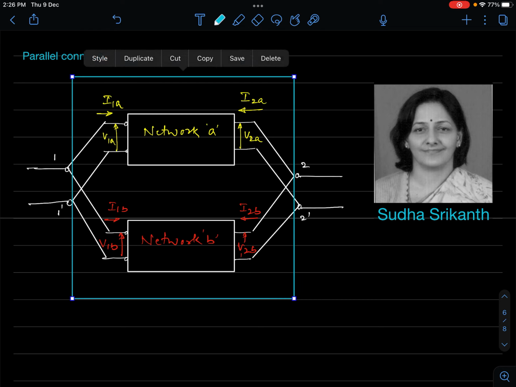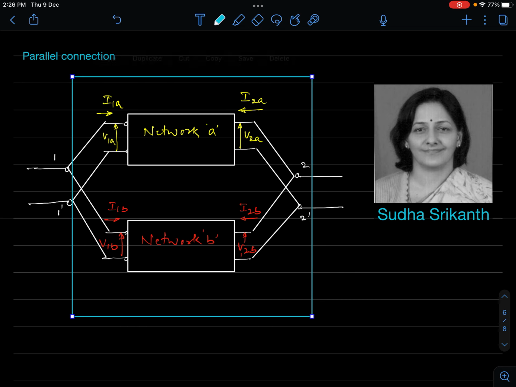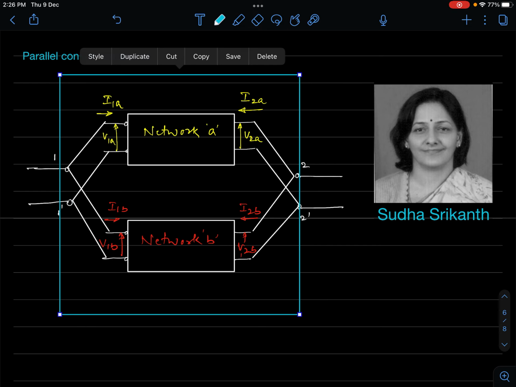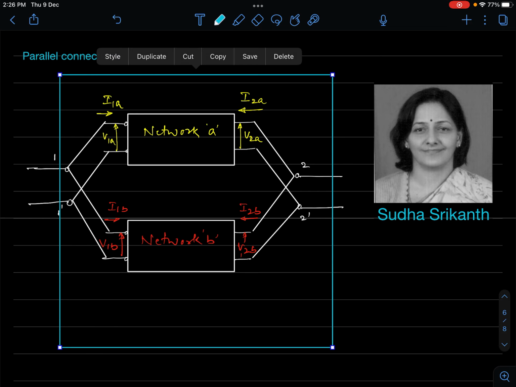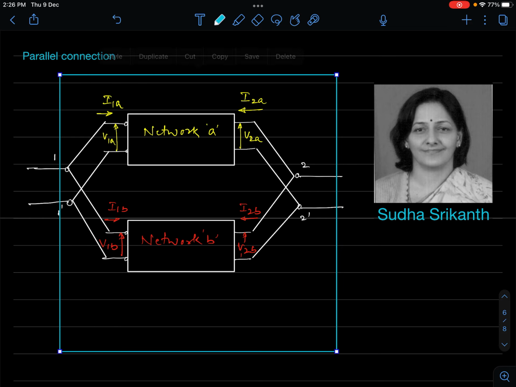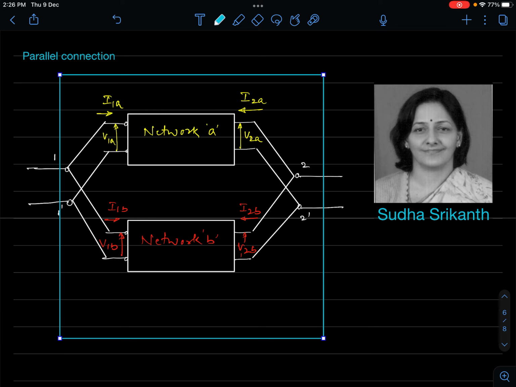I only hope I get a good square. Okay, now I'm able to get a decent two-port network. I'll shrink this a bit. Why can't I shrink this a bit?